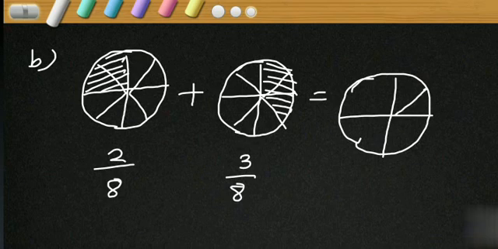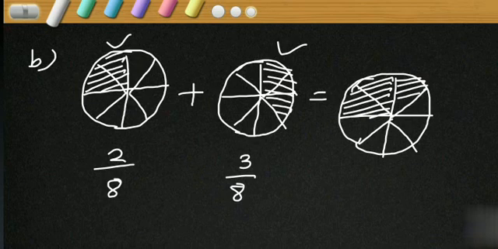While adding these two figures, we would get an answer. What would be the answer corresponding to this? From the first figure, we know that 2 parts have to be shaded. So here we have to shade these 2 parts, isn't it? And from the second figure, we know that 3 parts have to be shaded.